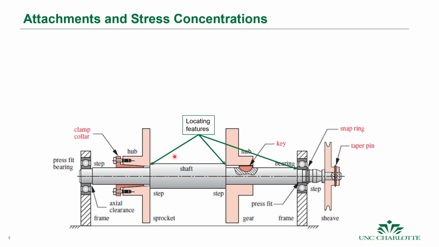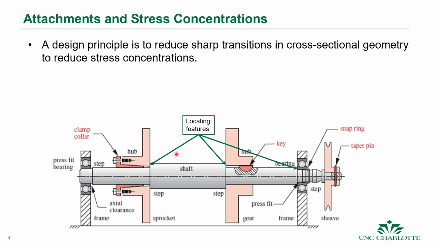All right, so this is an example shaft from your book that covers most of the components that you'll find on a shaft. And the design principle that we've learned before is we want to minimize these sharp transitions in the cross-sectional geometry to reduce the static and dynamic stress concentrations.